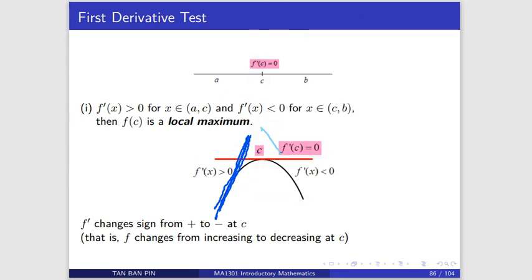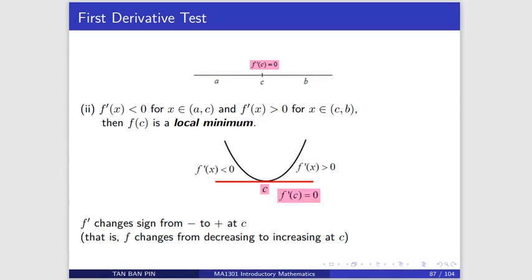So you find that from positive, the gradient becomes 0, then becomes negative. So we get a maximum point. That's why if f prime is positive before x equal to c and negative after x equal to c, you should see the tangent line gradient changing from positive, 0, then negative. So with that you get a local maximum.